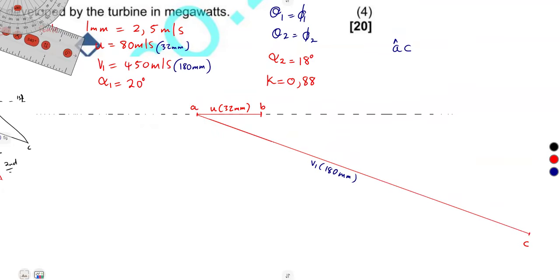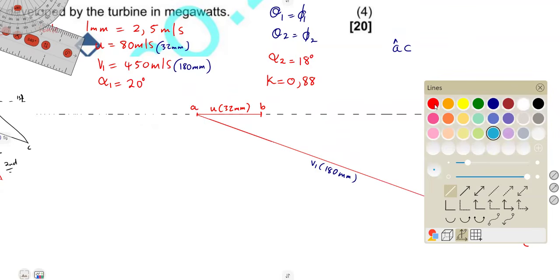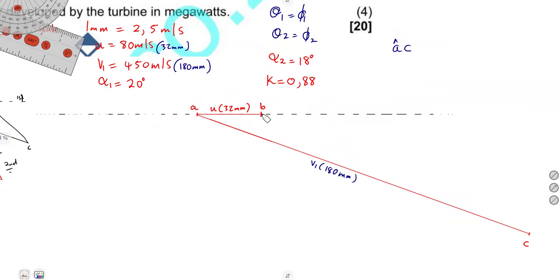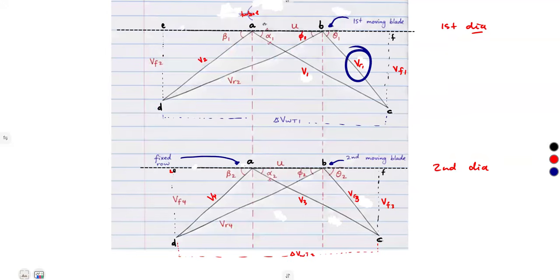So what we can easily do is to join these 2 points B and C to complete the diagram. Join these two, B to C, and measure that. Remember, B to C represents what? The relative velocity, our VR1.